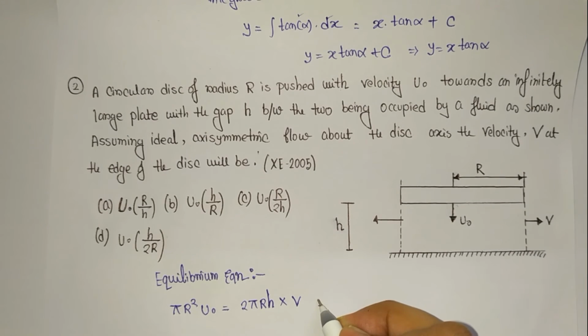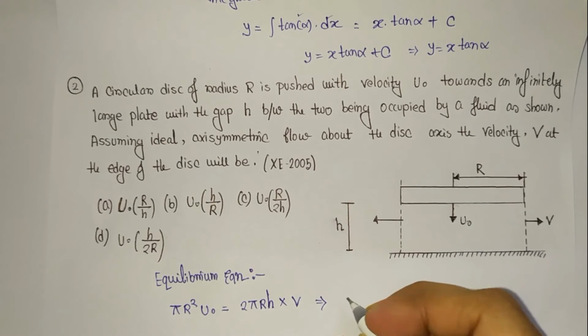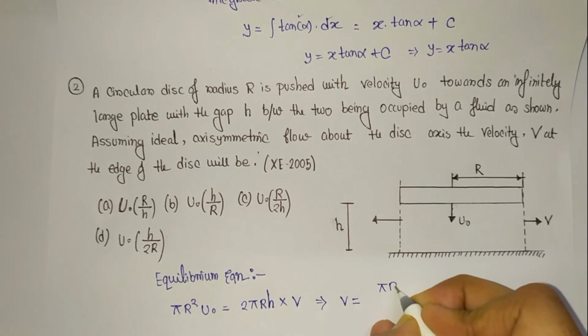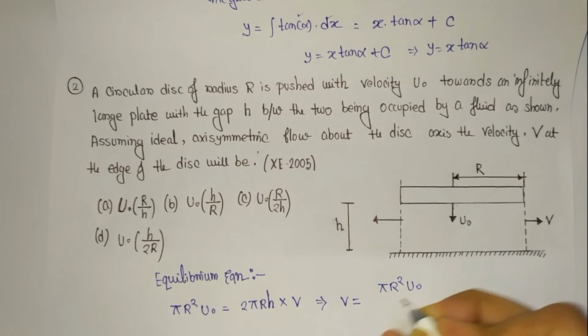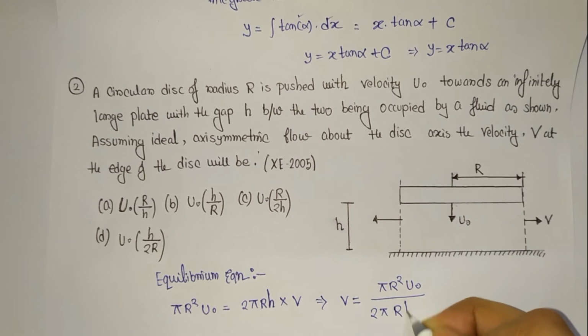From this equilibrium equation we can find the value of v. We can write v equal to pi r square u naught whole divided by 2 pi r h.